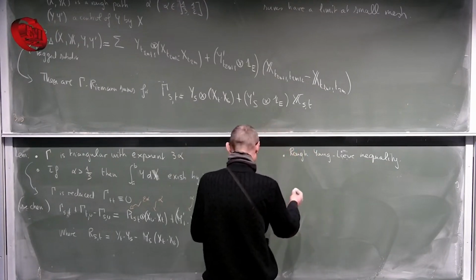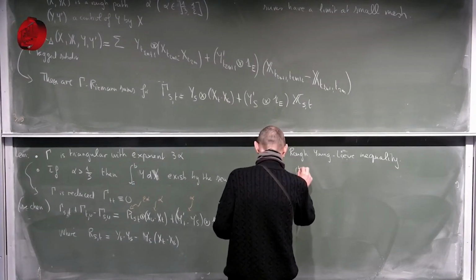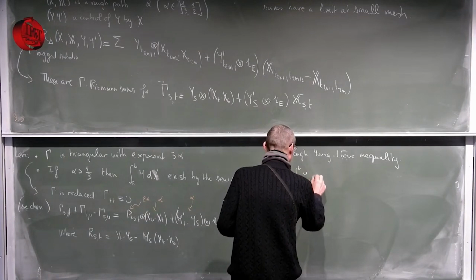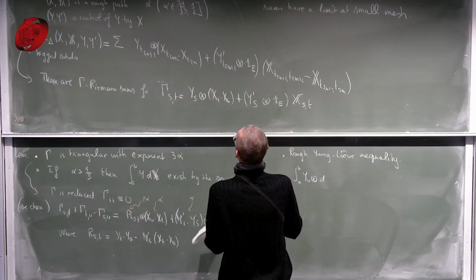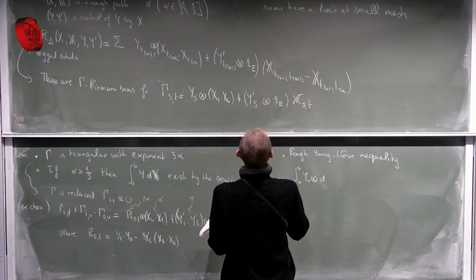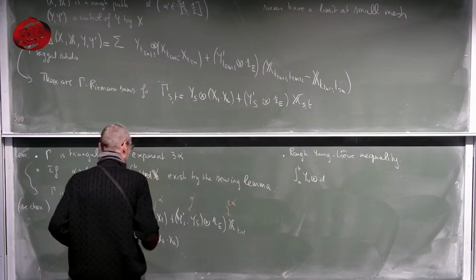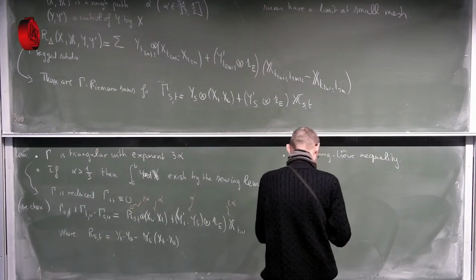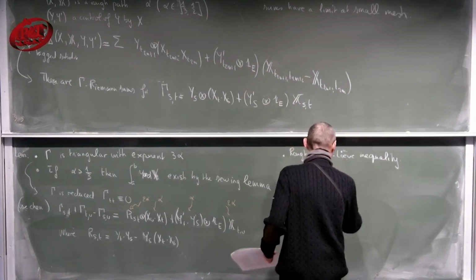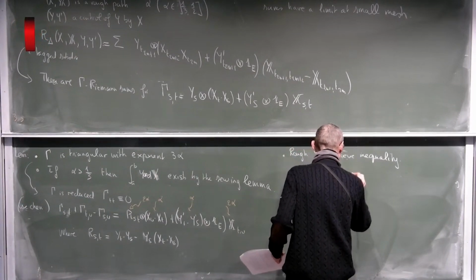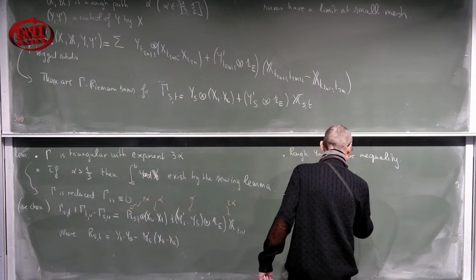And the Young-Loeve inequality is the following: the integral from a to b of Y_u tensor dX_u minus the approximation, so this is gamma_ab, I don't want to write it again in full.